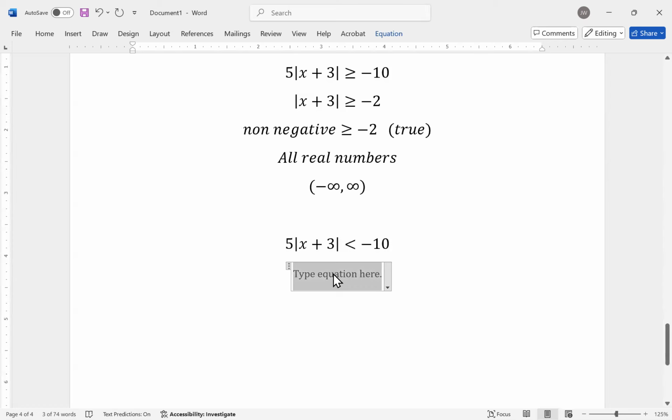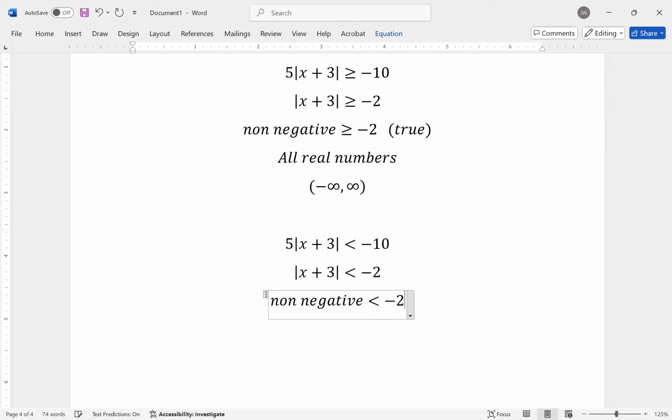Same thing here. When I divide by 5 on both sides, I get the absolute value of x plus 3 is less than -2. And again, what we're saying is that a non-negative number is going to be less than -2. That cannot happen.